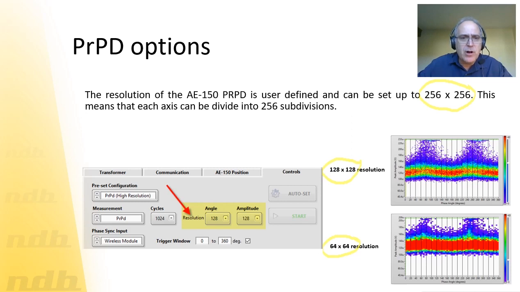We're acquiring thousands of cycles, and at 50 hertz it means 20 seconds. So the acquire time is 20 seconds, and the transfer time depends on the resolution. It may take 1, 2, or 3 seconds plus the 20. So it doesn't make a very big difference. So I do recommend that you set it to 128 by 128, which is the default resolution for PRPD. That's the only option that you can set.